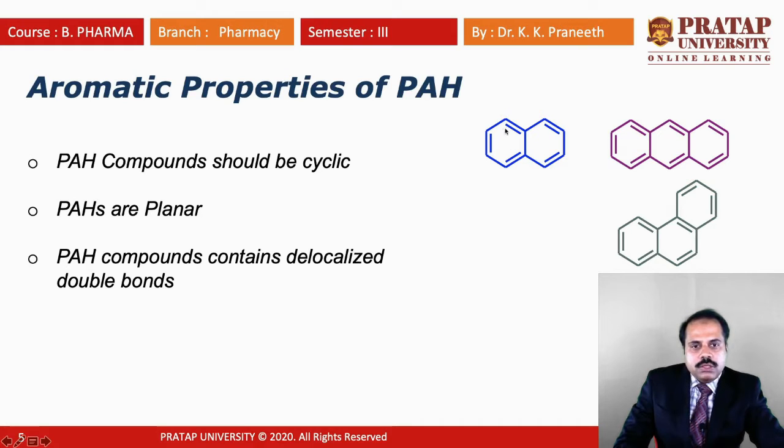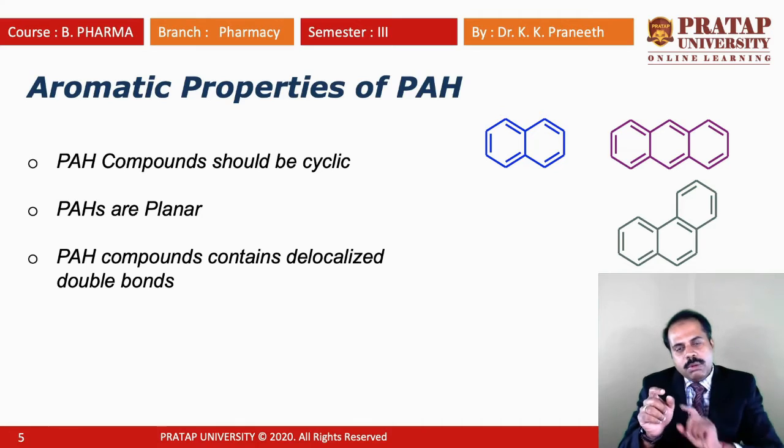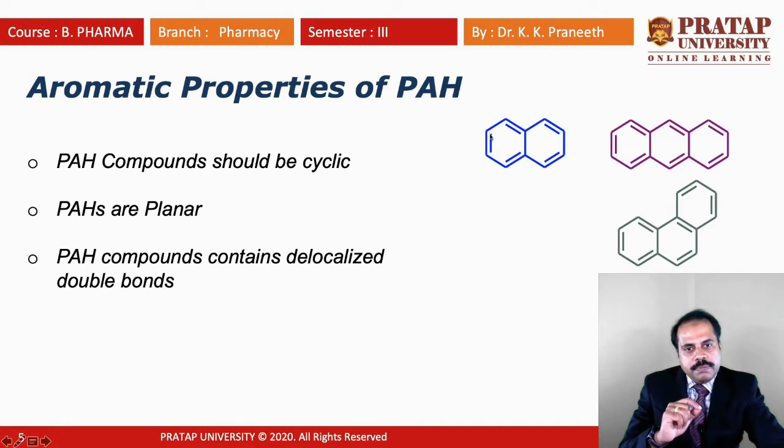Delocalized means it has alternate single and double bonds, right? So if you see here, in the case of naphthalene, you have a double bond here, single bond here, double bond here, single bond here, double bond here, single bond here, and you come back to the same point here. It's a cyclic system. So it has alternate single and double bonds, which is called delocalized double bonds.